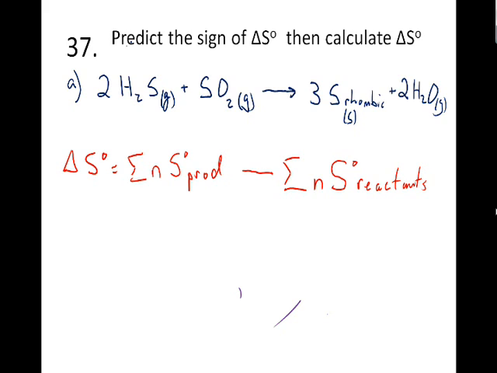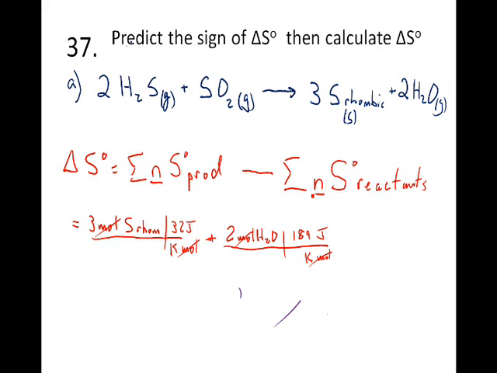Now, your AP equation sheet does not include this term that has the number of moles. But it's good to be sure you're keeping that in mind. So let's look those up and substitute in those values.